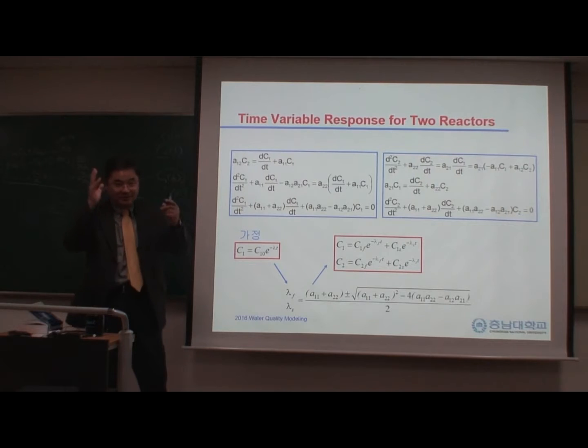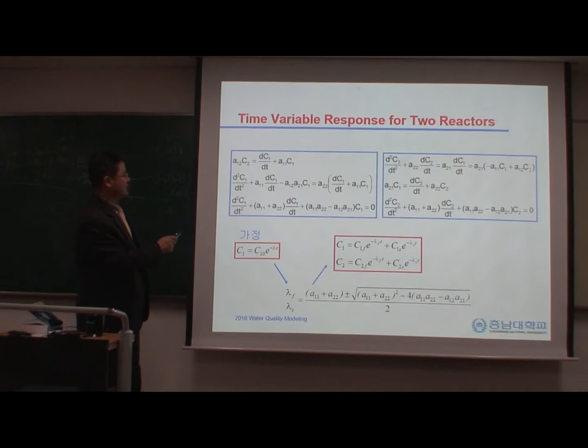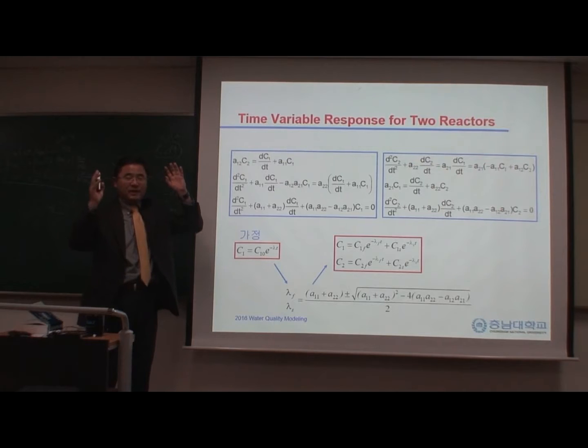Okay? So we'll just try to increase our kind of tools or ways to solve the situation. So if I just move on, because this was the combination of C1 and C2, if we have these two at the same time, there is no way that we can solve this equation.